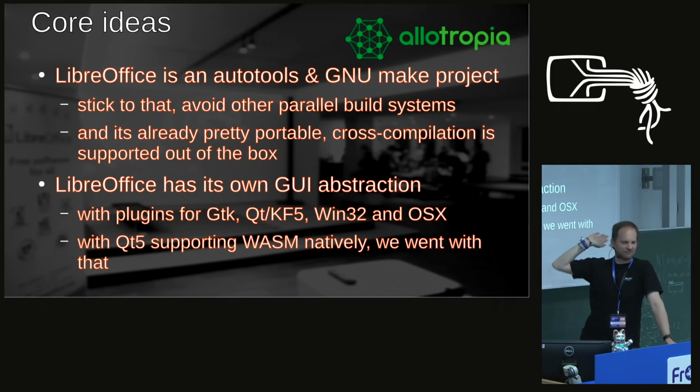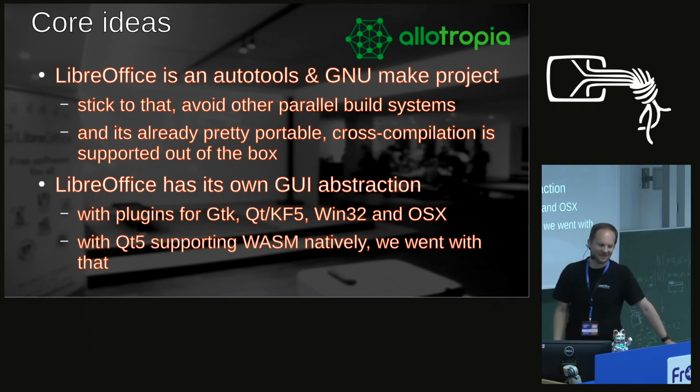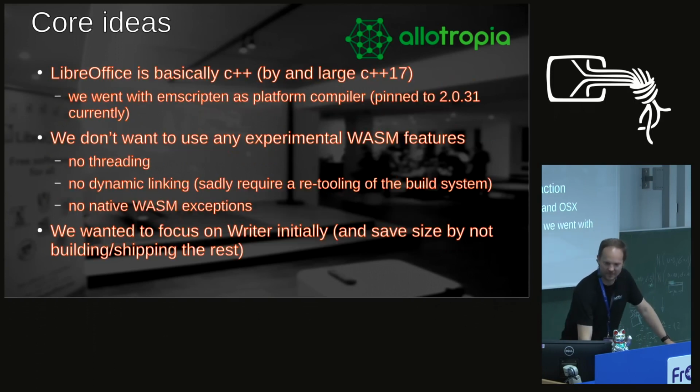Of course, we hit like, I don't know, 50 problems there, but that was to be expected. That's kind of a truism. LibreOffice is basically C++, and pretty modern right now.